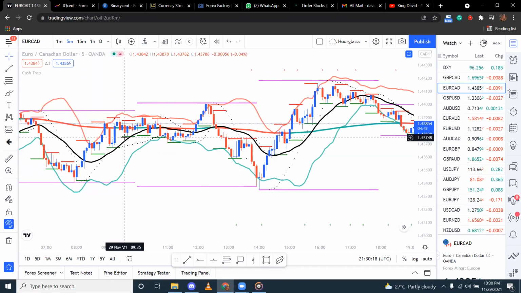In fact, people use them for crossovers. Whenever they cross each other, there's a change in direction of the market. We have the 20, the 50, the 100, and the 200. Out of these four, two are in the cash trap strategy.